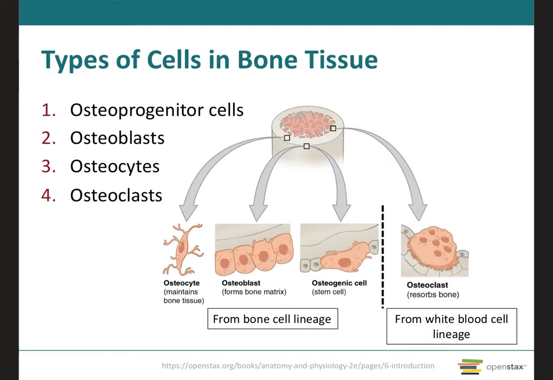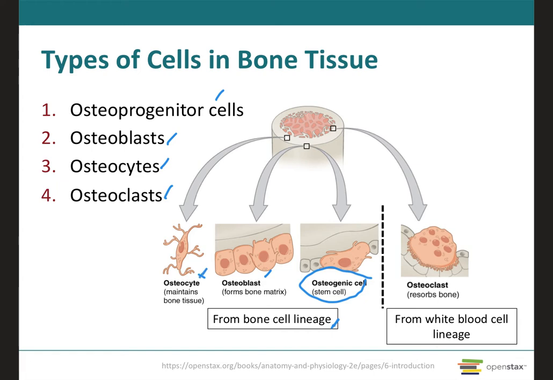There are 4 main cell types in bone tissue, and they are listed here. There are the osteoprogenitor cells, which can also be called osteogenic cells, the osteoblasts, the osteocytes, and the osteoclasts. 3 of these cells will come from a bone cell lineage, which are the osteogenic or osteoprogenitor cells, the osteoblasts, and the osteocytes.